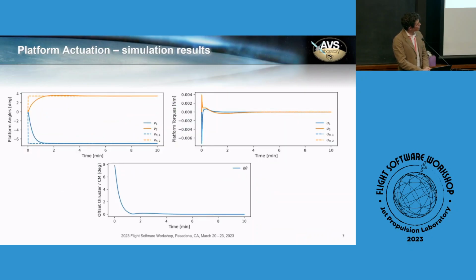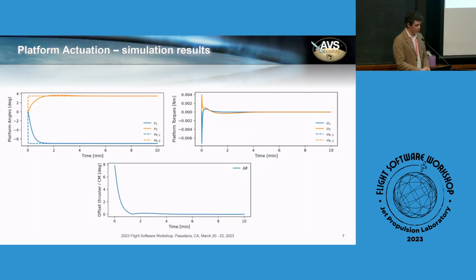These are a few plots to show how all these things are combined together. In the top left plot, we can see the reference angles that are the output of the flight software module in dashed lines, whereas the solid lines represent the response of the dynamic component as the torque is provided and this component is being actuated.